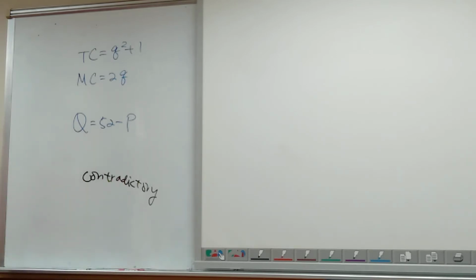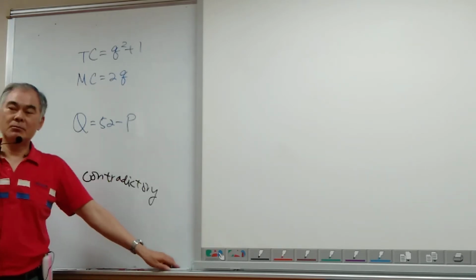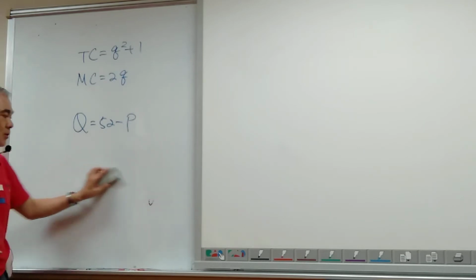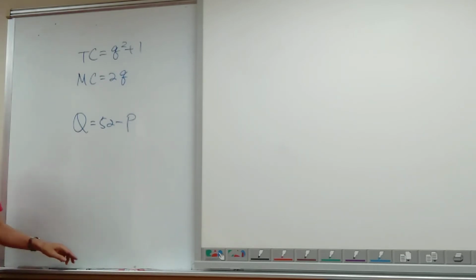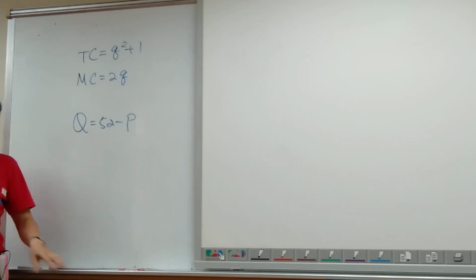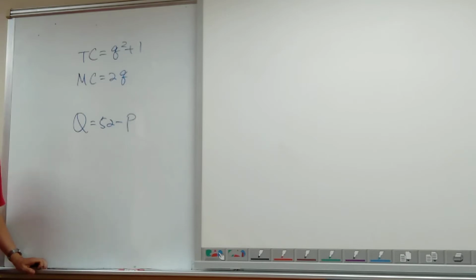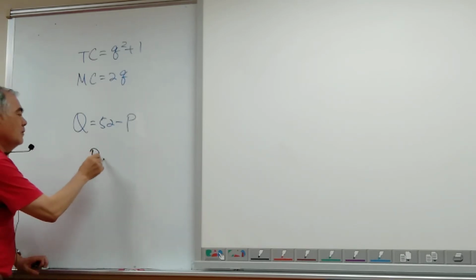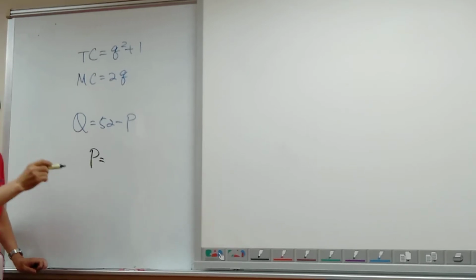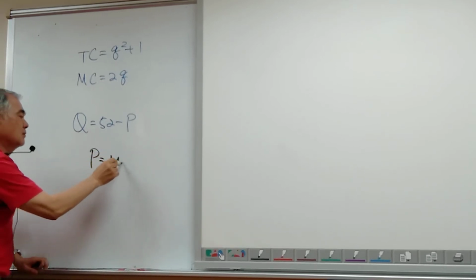So anyway, when you want to do these questions, there is some rule. Because later on we're going to talk about monopoly, all these things, so remember this. First of all, when you want to talk about equilibrium, for perfect competition, price is equal to marginal cost.